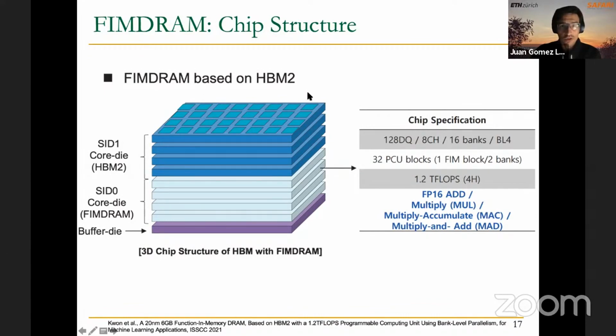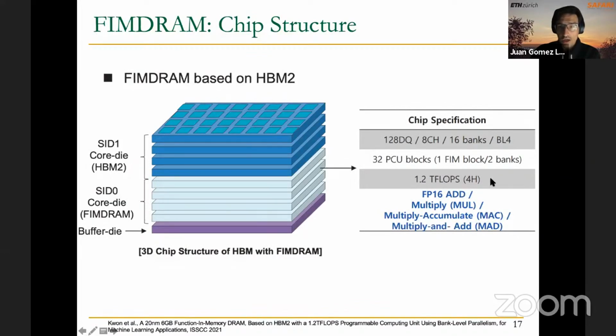FIM is based on HBM2, and as you may remember, there are some core die layers, which are pure storage, and there are also other layers that are FIM capable, including these PCU blocks that are the processing elements.